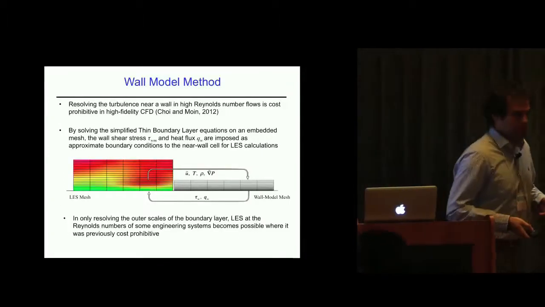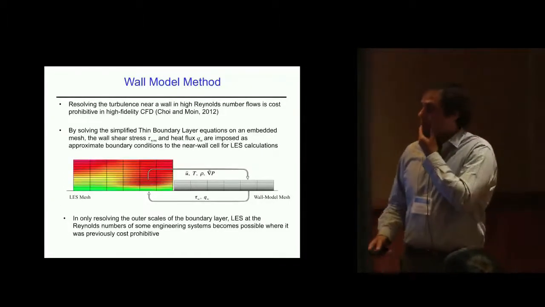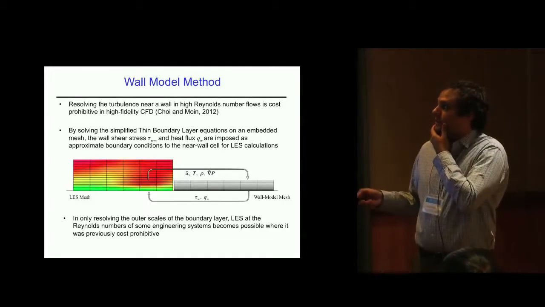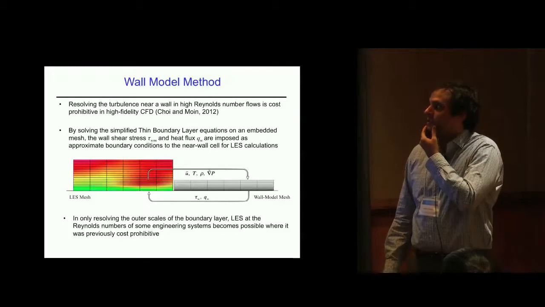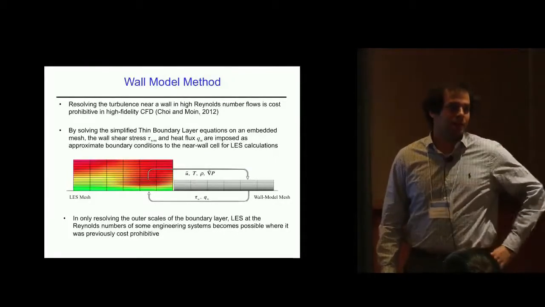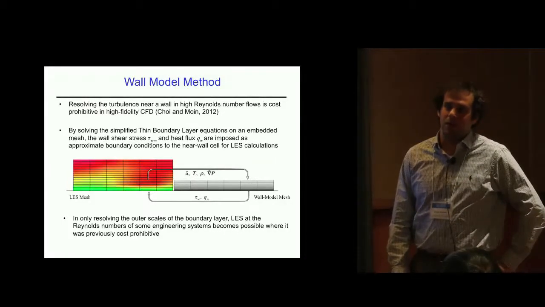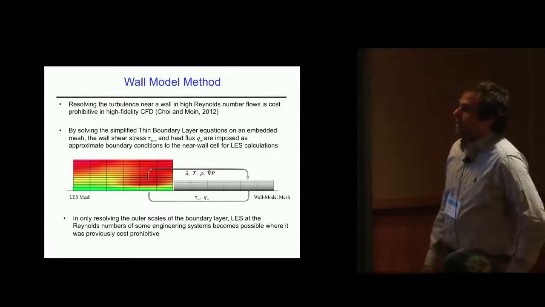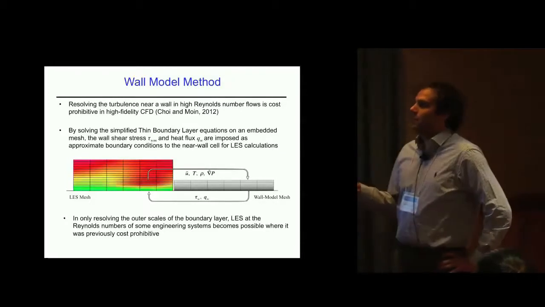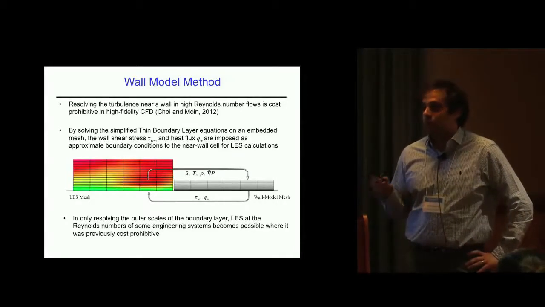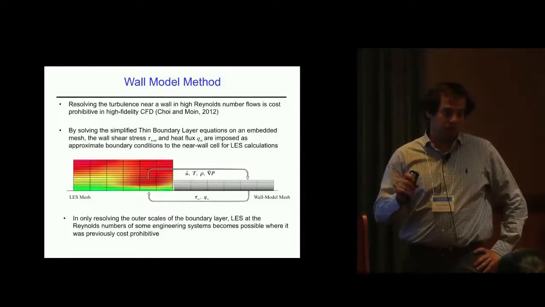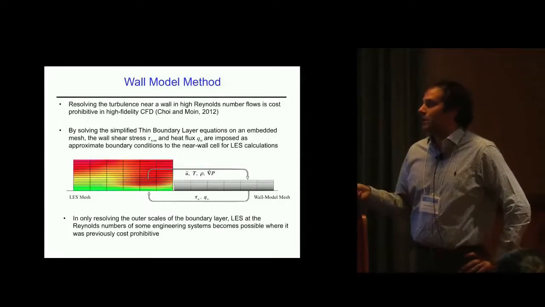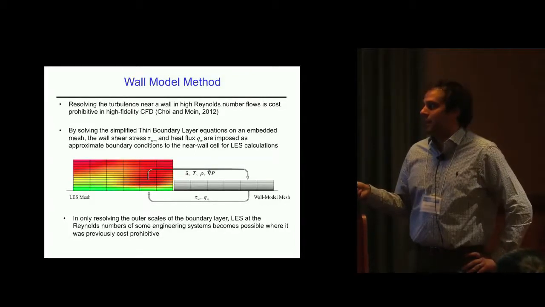So this wall model method is really fundamental to us studying these high Reynolds number flows. Because if anybody was in Dr. Leorf's talk yesterday, you know a little bit about how hard it is to resolve near wall in turbulent simulations. So to alleviate that, this is an approximation for having that really high resolution in the wall. Instead of overloading to resolve those near wall scales, we embed a separate mesh in the LES mesh.